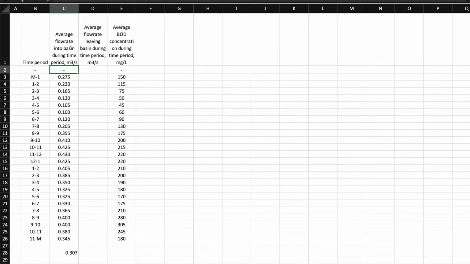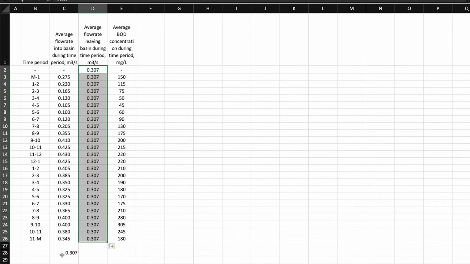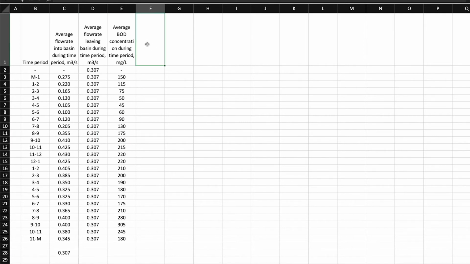And during each time period, we're going to be pumping the same flow rate of water out of the basin. So it's going to stay a constant 0.307 throughout the day. So we can just drag that down to the bottom, and that just shows us that even though the flow rate is fluctuating in the influent, it's going to be constant at the effluent.